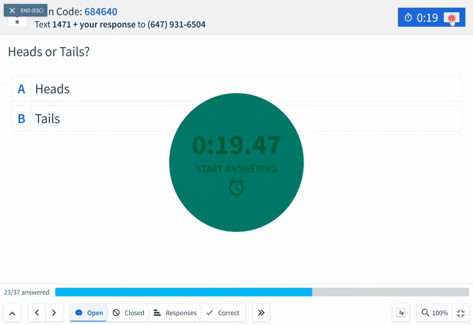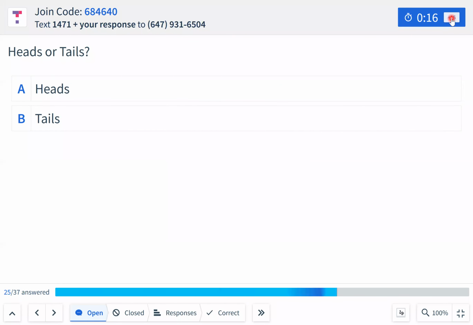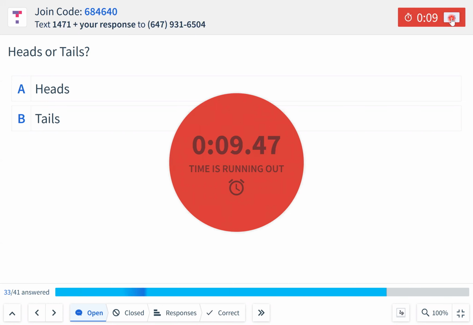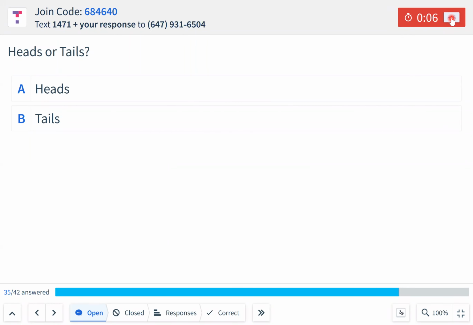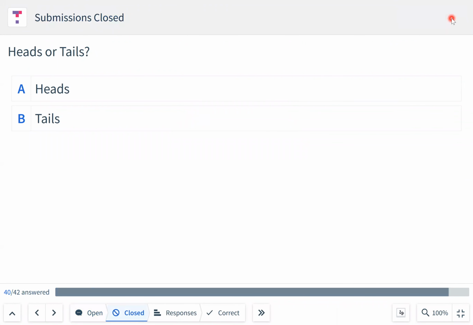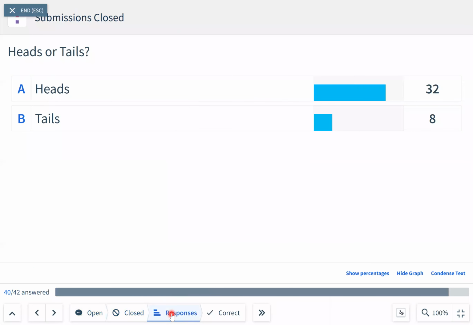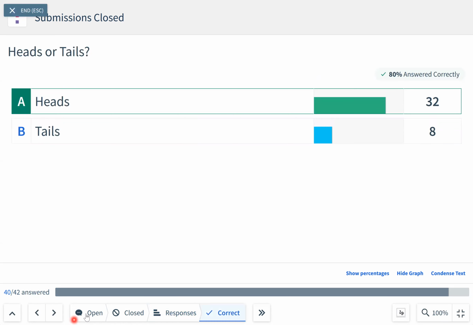If anyone can get all 5 of these right, something good will happen, I suppose. Okay, responses. That's interesting. 3/4 of the class said heads, and the correct answer is heads. Okay, good. Next question.